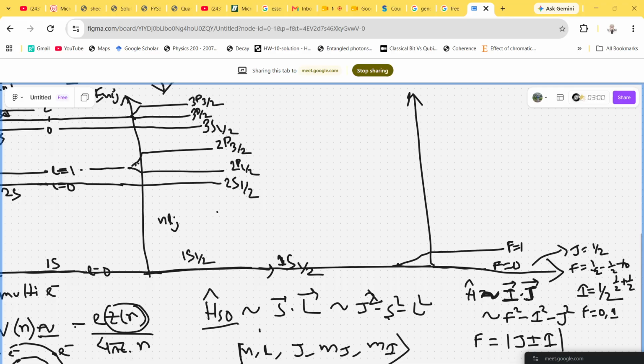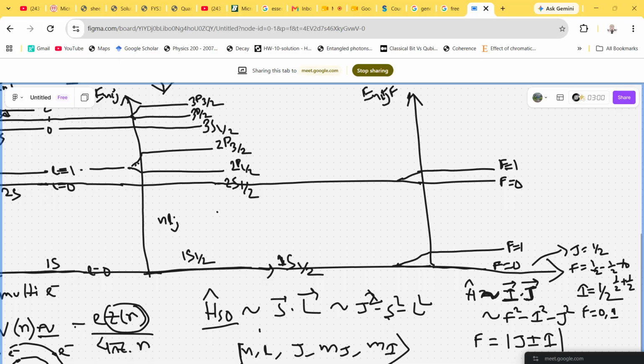And here your energy will depend on N, L, J and F also. Similarly, the 2s half level will break into two, one for F equals 0 and one for F equals 1.